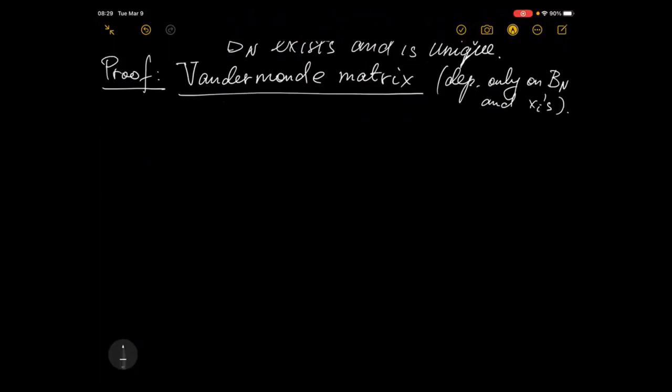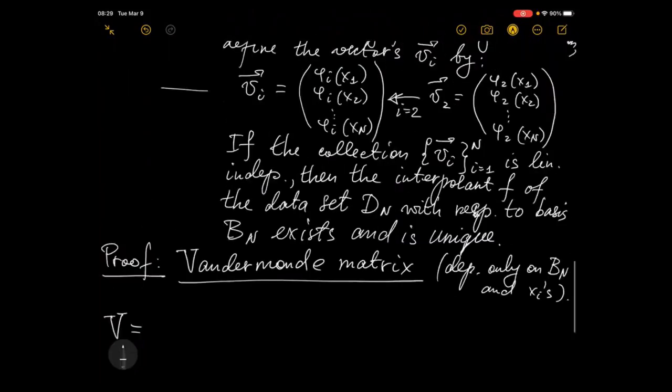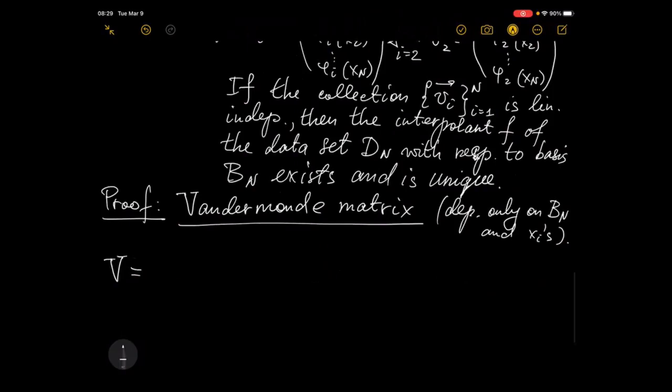Essentially this Vandermonde matrix, you remember we introduced these column vectors vi's, right? So our Vandermonde matrix is nothing else but vector v1, then v2, and so on till vn.